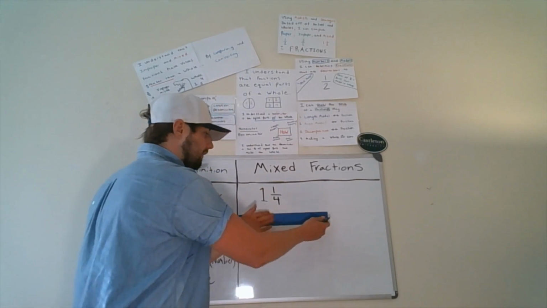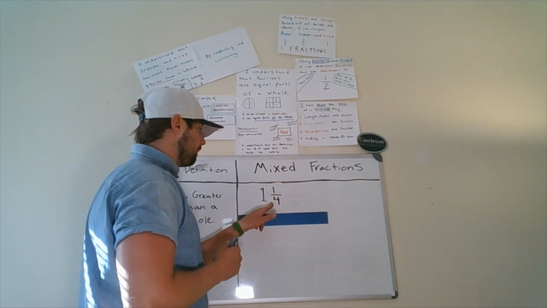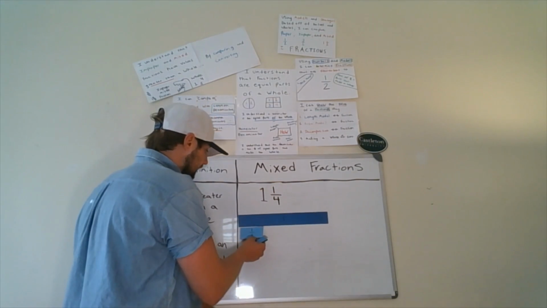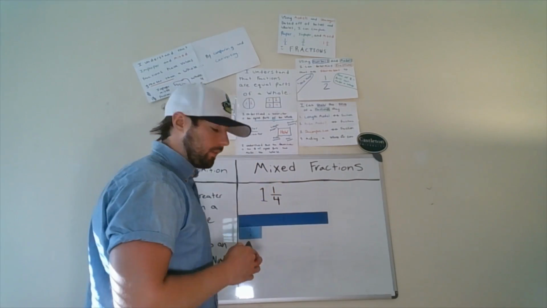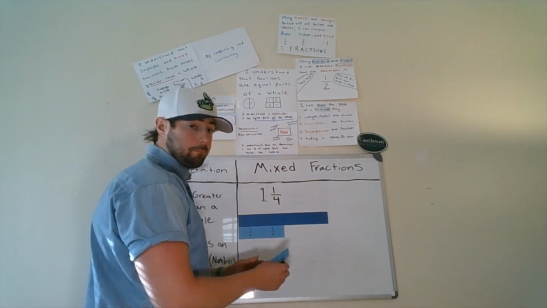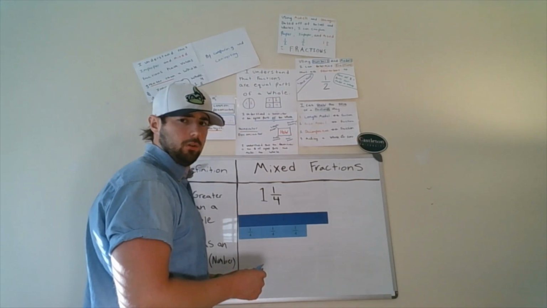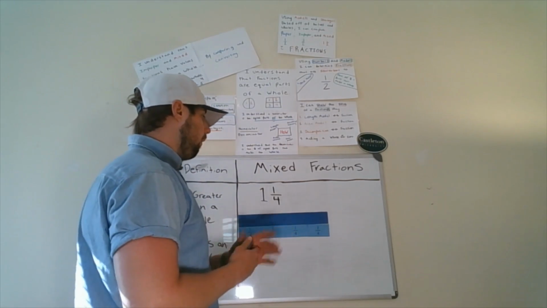I could have eighths to make the whole, but for the sake of having this mixed number with a proper fraction of 1/4, let's take a look at it with fourths. We know that 4/4 make a whole when 4 parts make the whole. There it is, 1 whole.